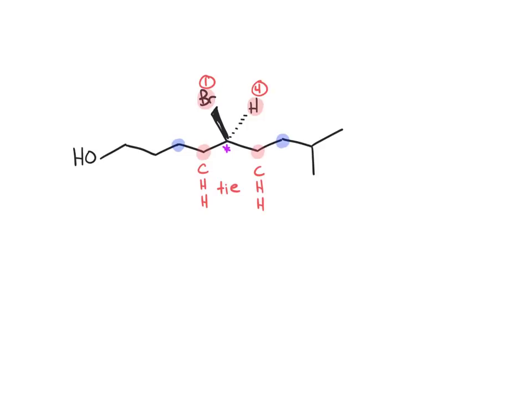So let's see what is attached to each of these. Well, we have the attachment that leads back to the chiral center that we're not going to count, but this carbon's attached to a carbon, a hydrogen, a hydrogen. Okay, on the other side, we have the attachment back to the chiral center that we're not going to count, but then this is attached to a carbon, a hydrogen, and a hydrogen.